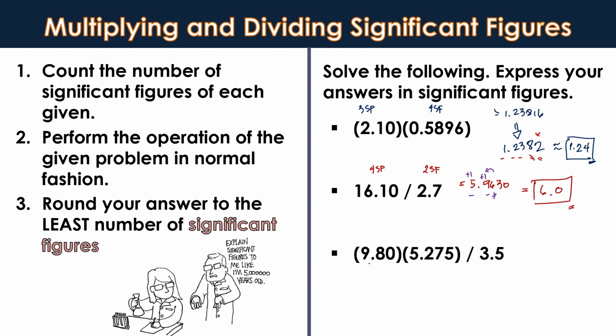And finally, we have 9.80 times 5.275 divided by 3.5. So, si 9.80, it has 3 significant, considering also si 0 as trailing 0. Si 5.275, it has 4 SF, and then si 3.5, 2 SF.